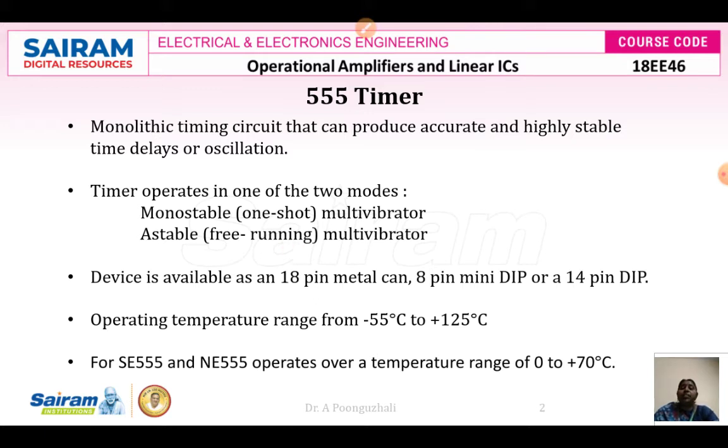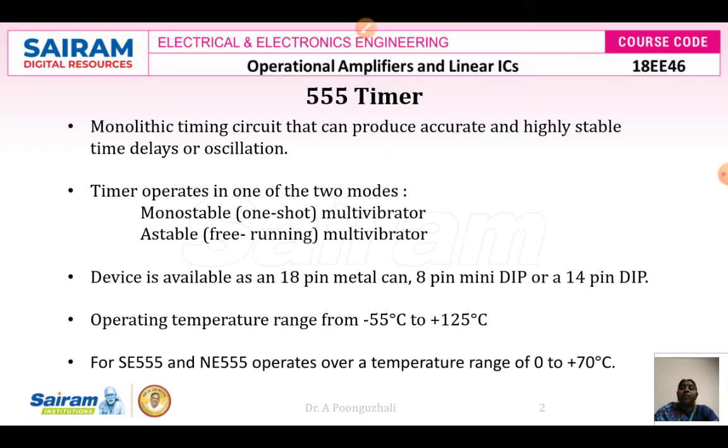Basically your 555 timer is available as an 8-pin metal can package, an 8-pin mini dual inline package, or a 14-pin dual inline package. The operating temperature ranges from -55 to +125 degrees centigrade.